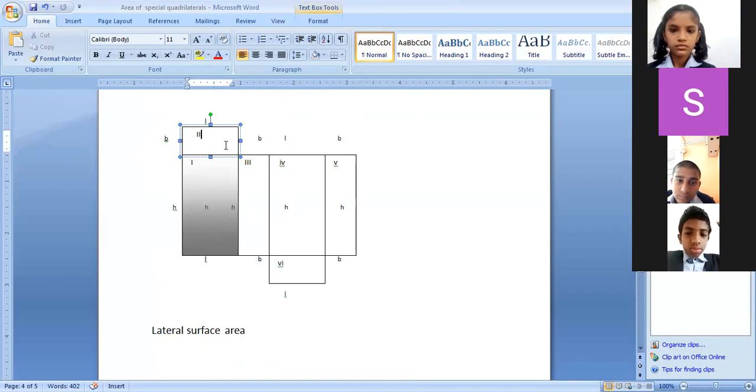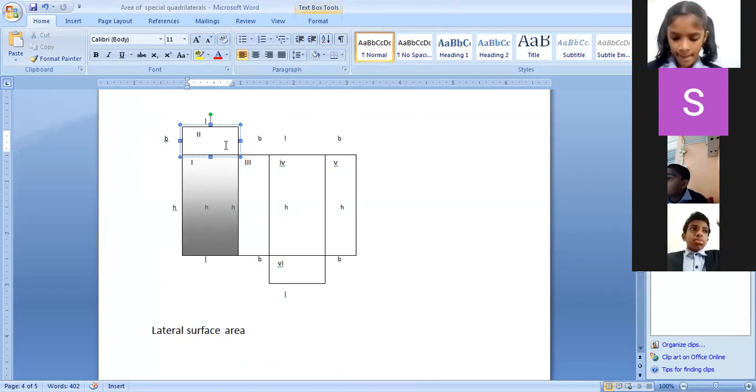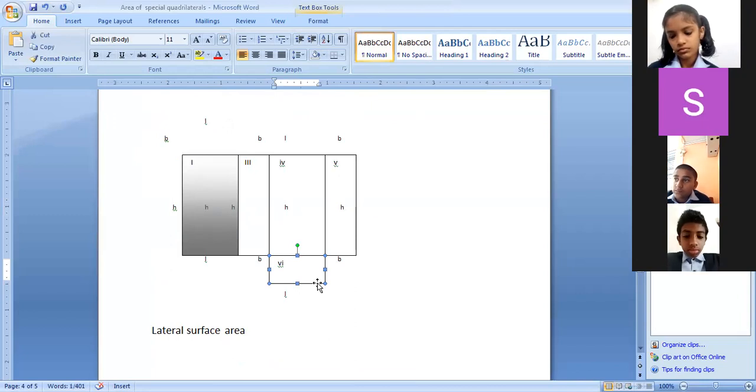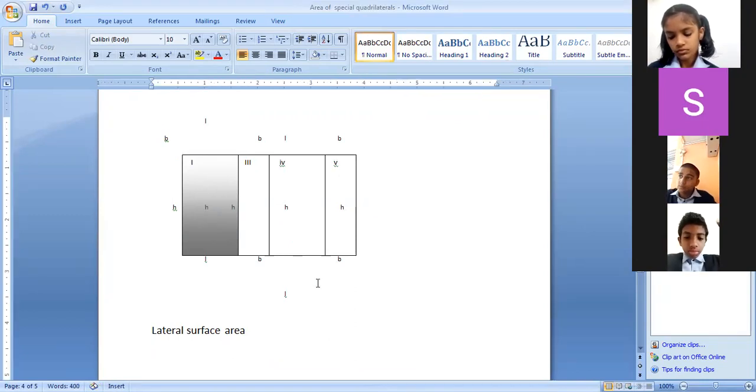We should not include that. Okay. So delete. And this is the base, right? This rectangle is the base. And we should not include that. Delete. So only these areas will give us the lateral surface area.